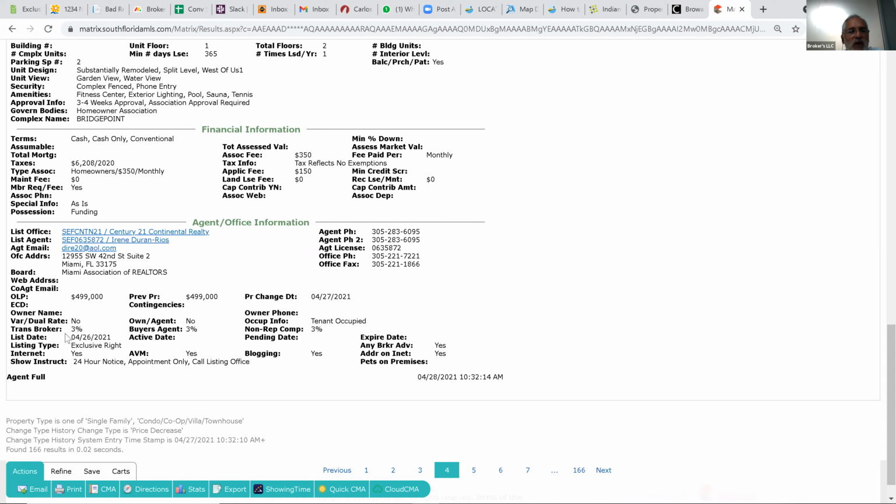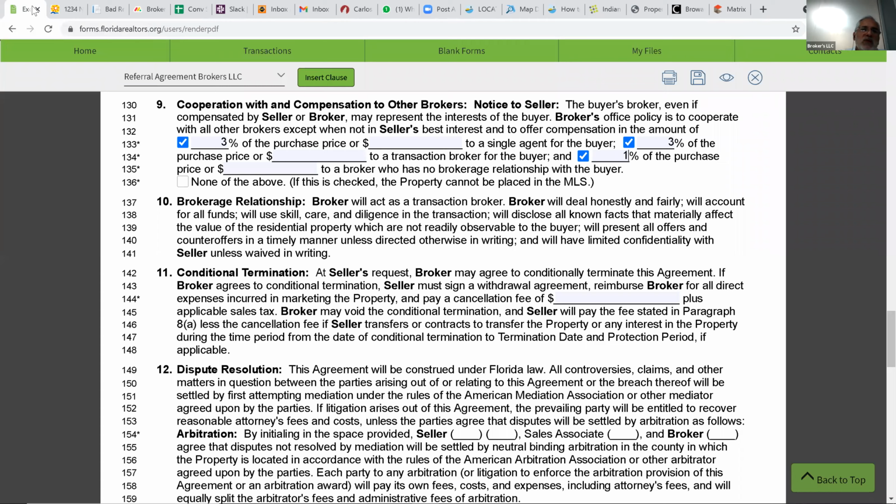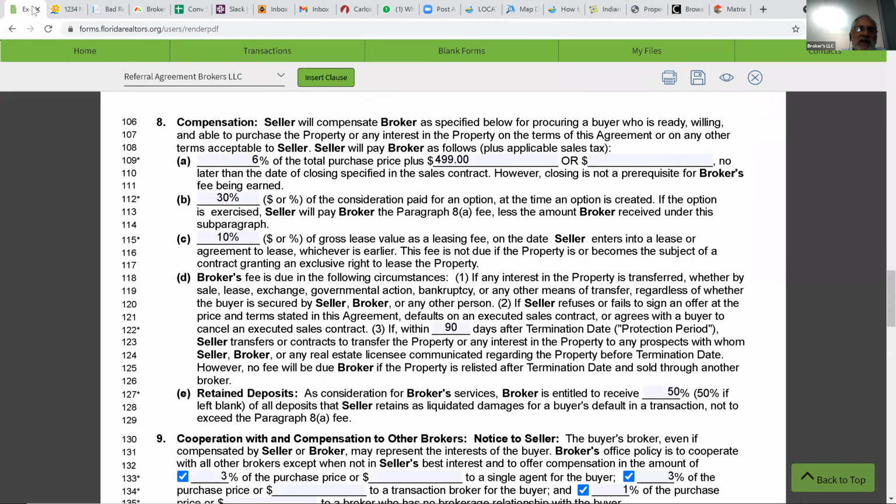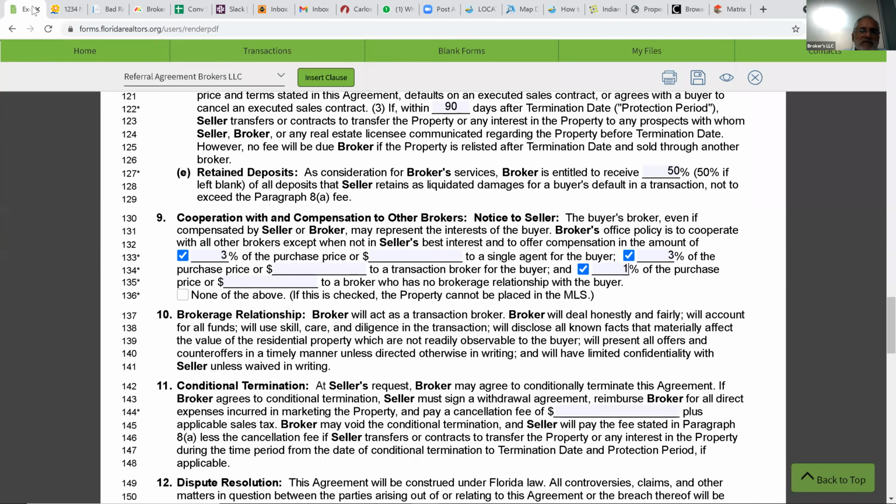This is information only for a transaction broker for the buyer, a single agent for the buyer, or a non-brokerage relationship to the buyer, okay? So just remember, that's why you always have exactly the same amount right here and here. But I have seen some realtors out there that disclose their commission right here, and you don't have to. The listing agent doesn't have to, because you're covered with your exclusive right of sale listing agreement that will give you 6%, which you will split with the buyer's agent, okay?